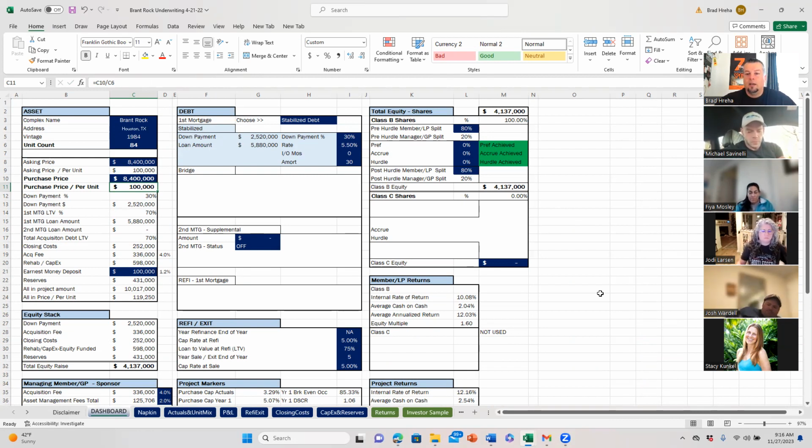So does anyone know the type of returns that they're looking for their investors? Yeah, right now I'm at 12 to 15% return on their money. Okay. Anyone else?